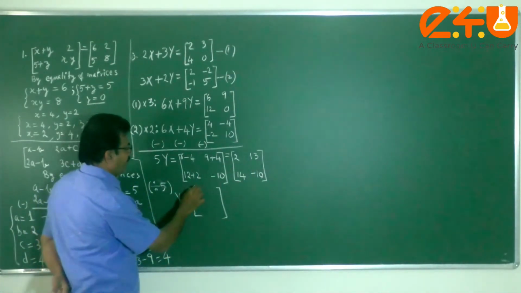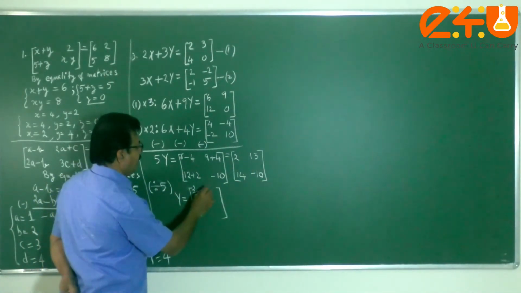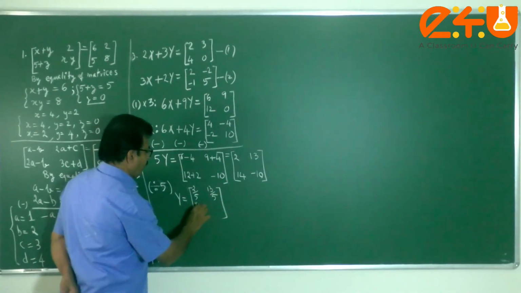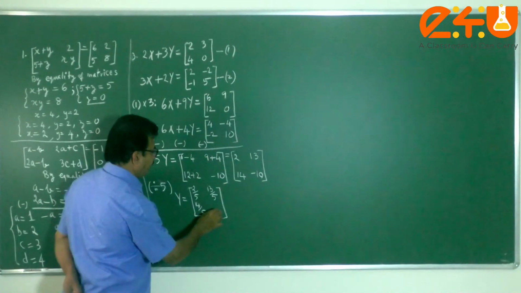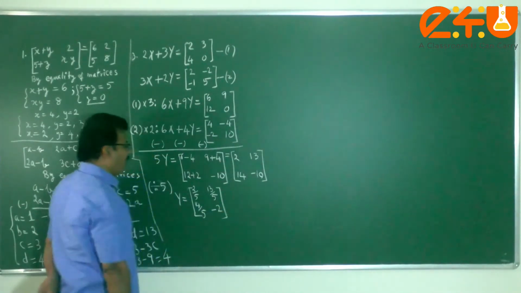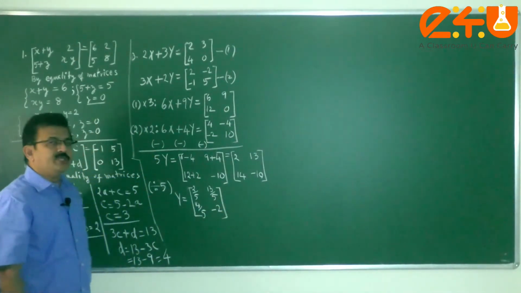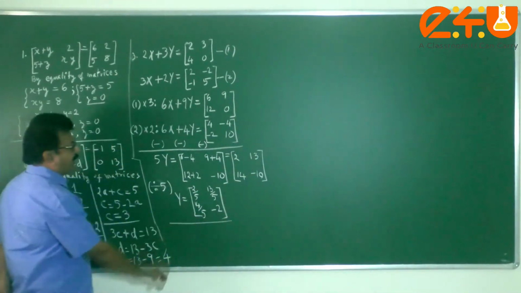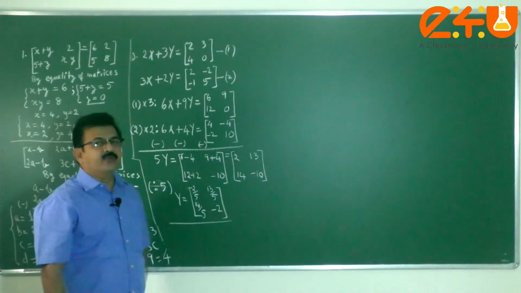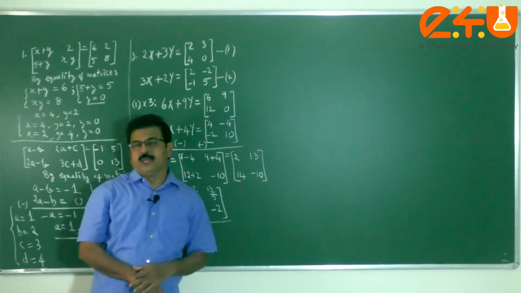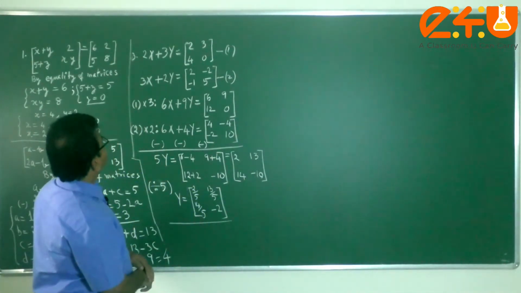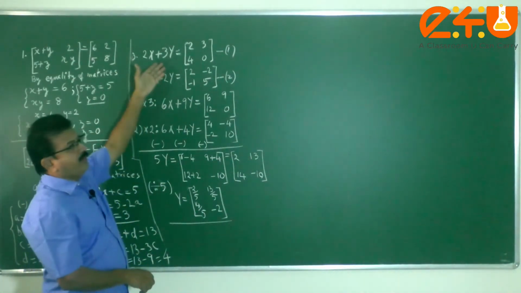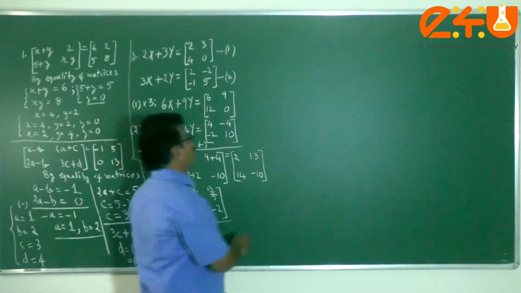So it is going to be 2 by 5, 13 by 5, 14 by 5, negative 10 by 5 gives negative 2. So we leave it at that point. That is the answer for matrix Y. Now we can find the result for matrix X either from equation 1 or from equation 2.